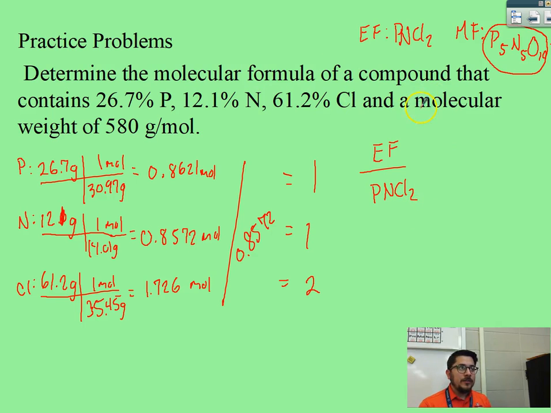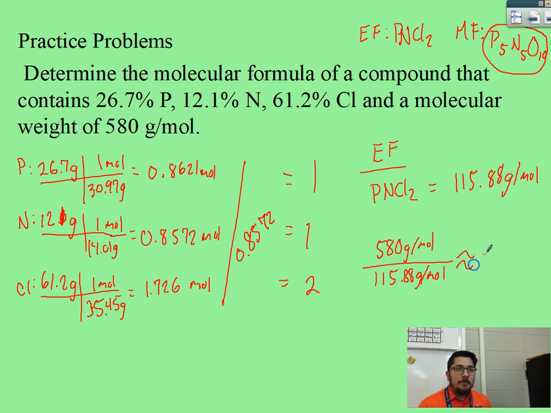They're not even looking for the empirical formula, so they just want to know what's the molecular formula. So the molar mass of this is 115.88. And so, to get a molecular formula, I'm going to do 580, because that's the big molar mass, divided by 115.88 grams per mole.